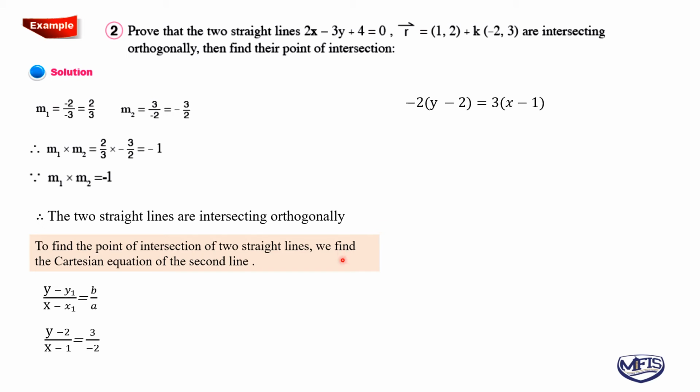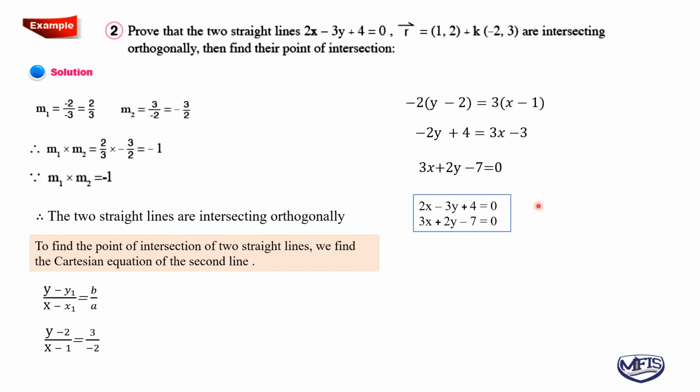So simplify: negative 2 times (y minus 2) and 3 multiplied by (x minus 1). So negative 2y plus 4 equals 3x minus 3. So we have 3x plus 2y minus 7 equals 0. So this is the second equation in Cartesian form.